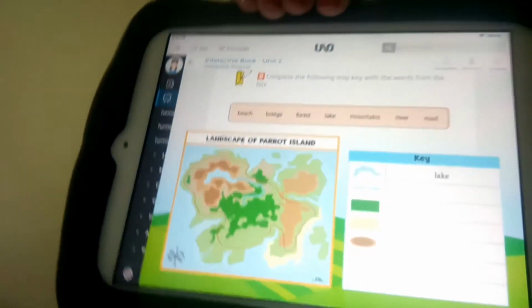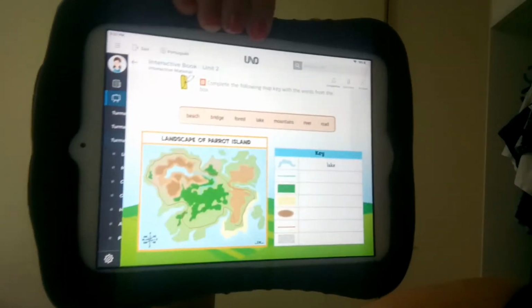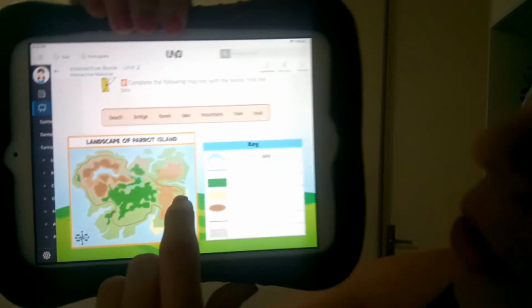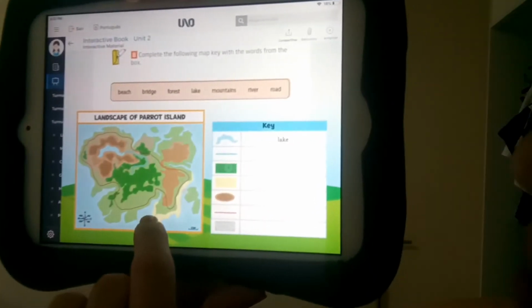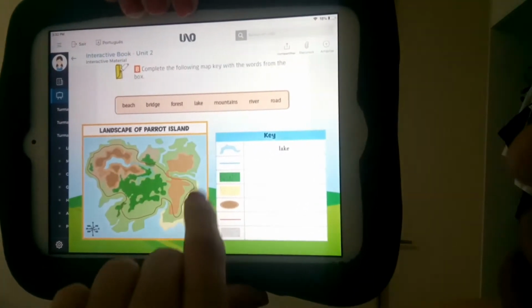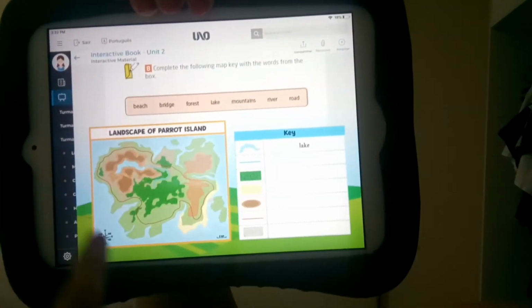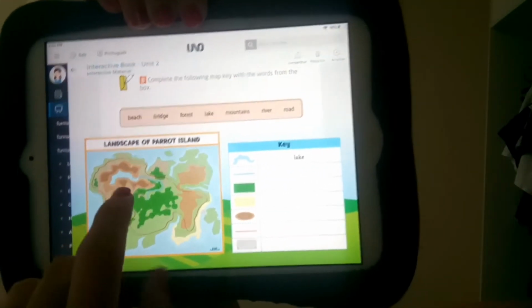It's the landscape. Landscape, paisagem, yeah? So, what do we see here in the landscape? What can we observe? We have sand, the beach, the water.